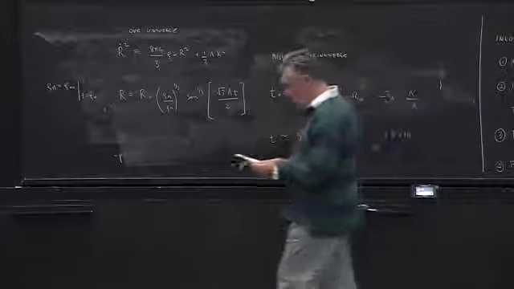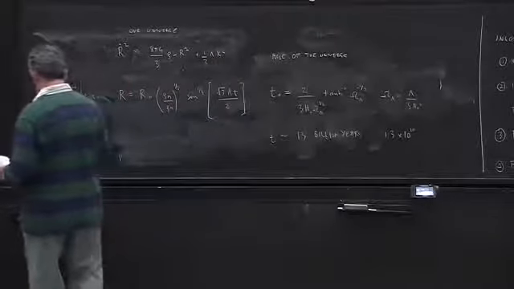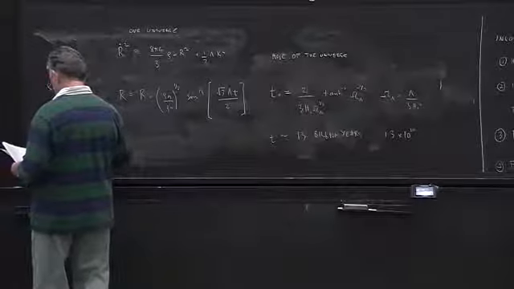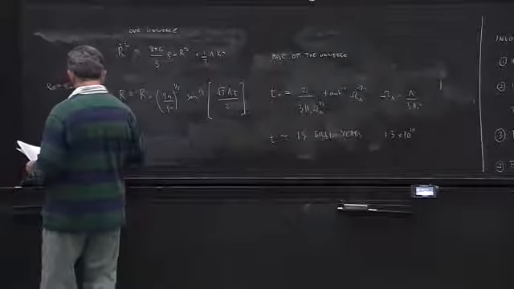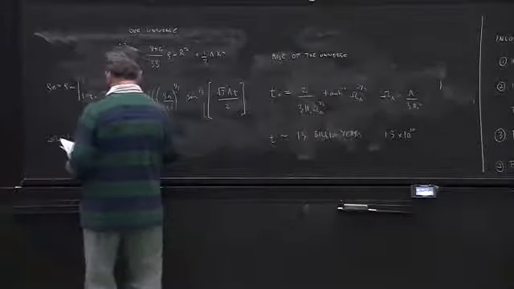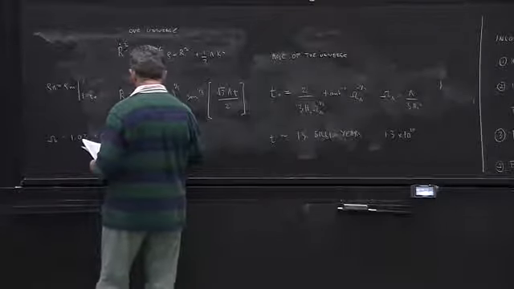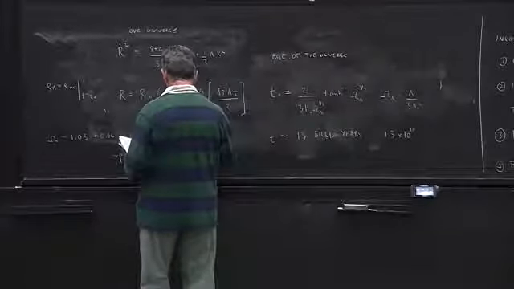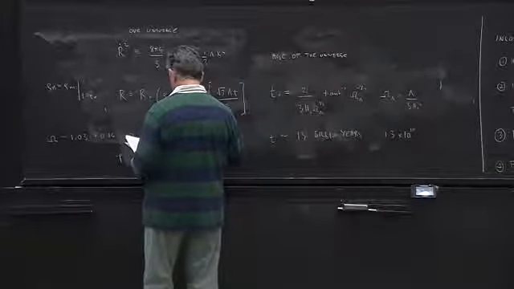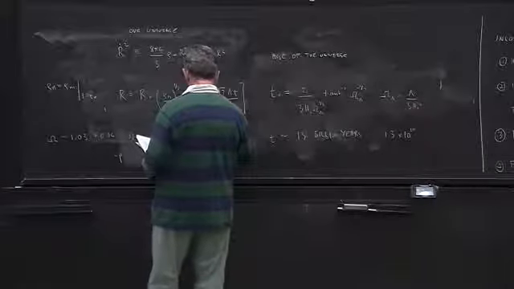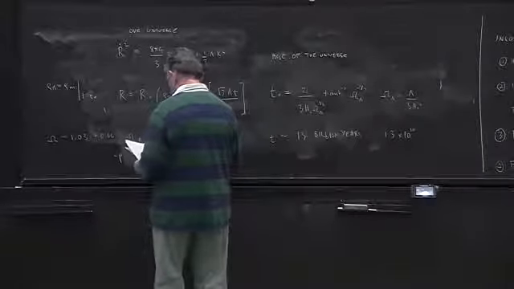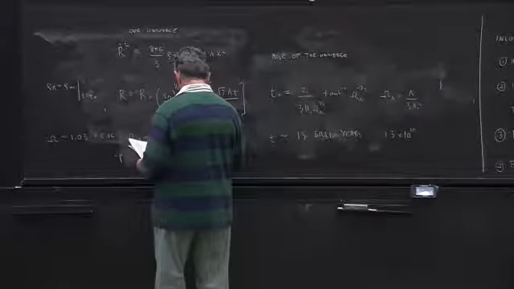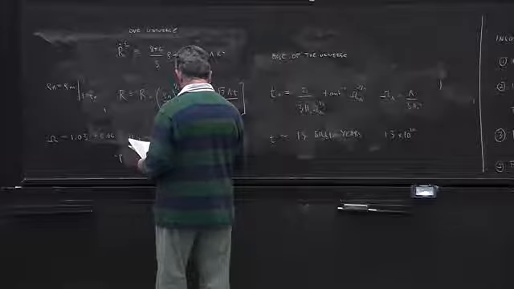And what we find is that omega is approximately 1, with omega lambda being the dominant component, and most of the rest is cold dark matter.